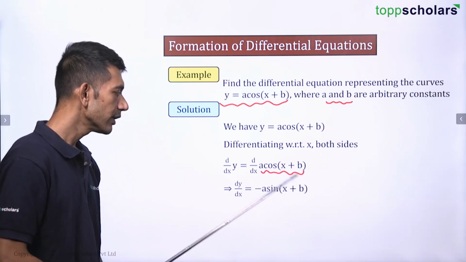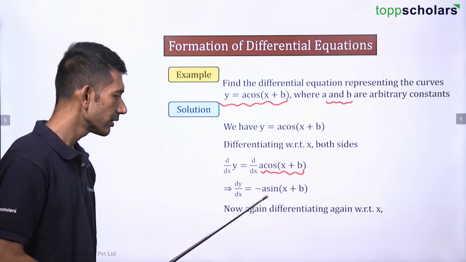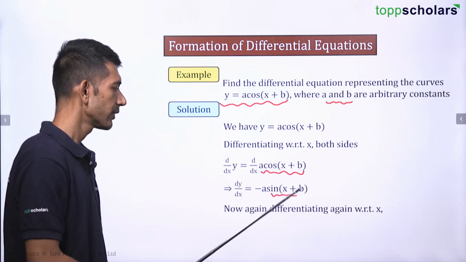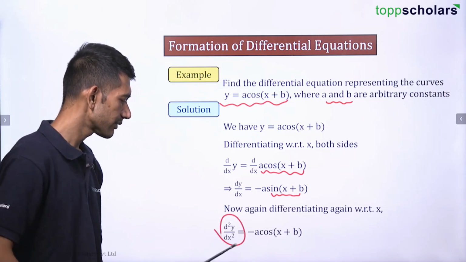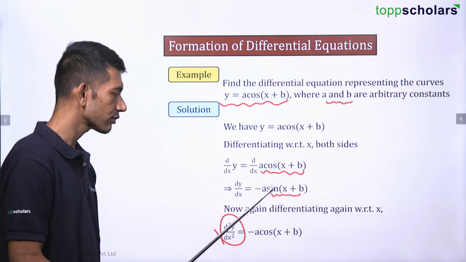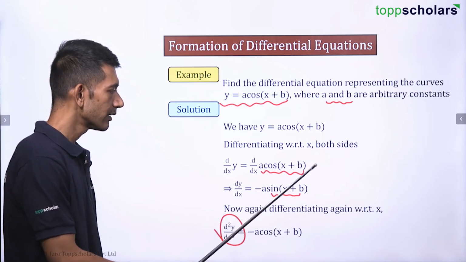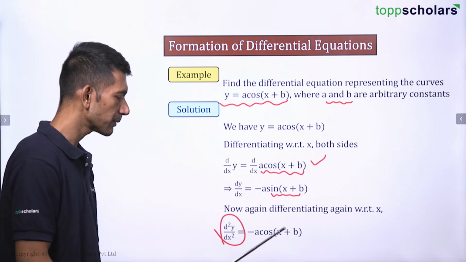Now you take the derivative one more time. Again differentiate. Sin will become cos. So d2y/dx squared, the second order derivative, is equal to minus a cos(x + b). Now see, we started from a cos(x + b), and we ended at a cos(x + b) with a minus sign.